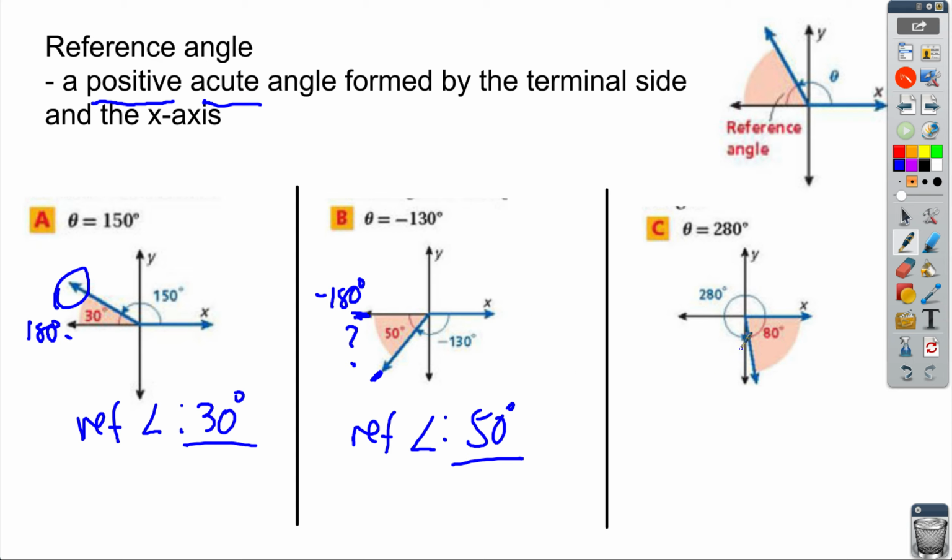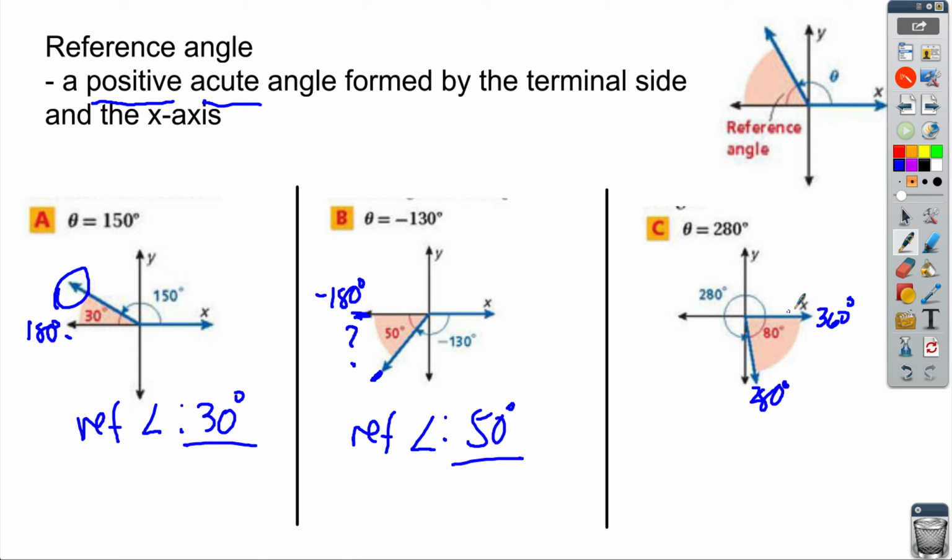All right, let's look at part C. 280 degrees. I am going in a positive direction, counterclockwise, a little bit over 270 right here. This is my terminal side. Notice how this time you're going to look at this from a different perspective. How far away is 280 degrees from a complete rotation?